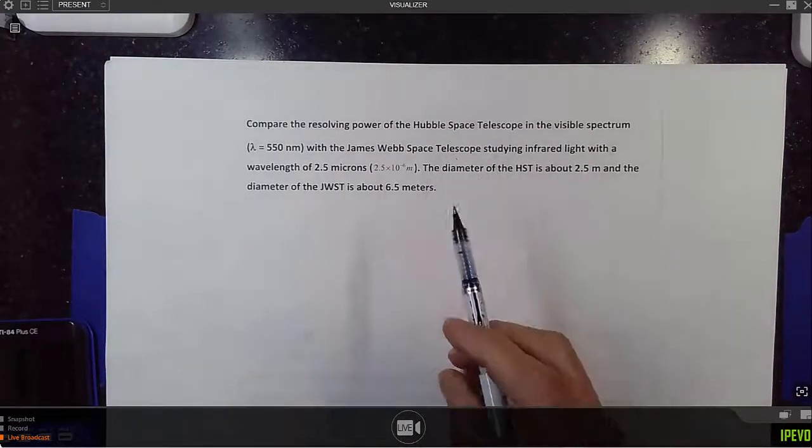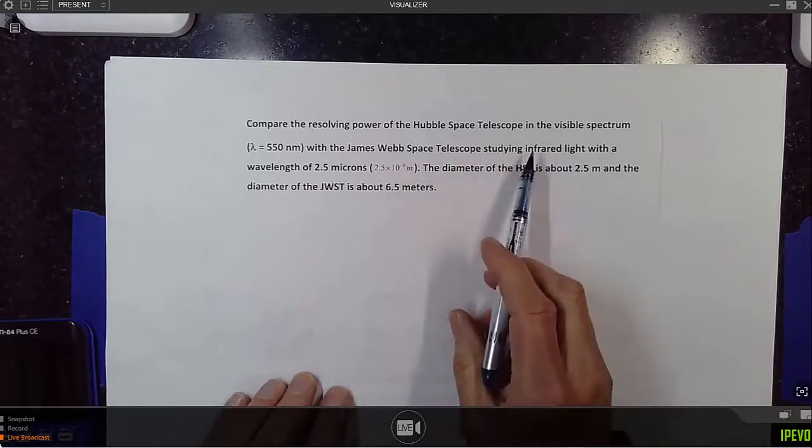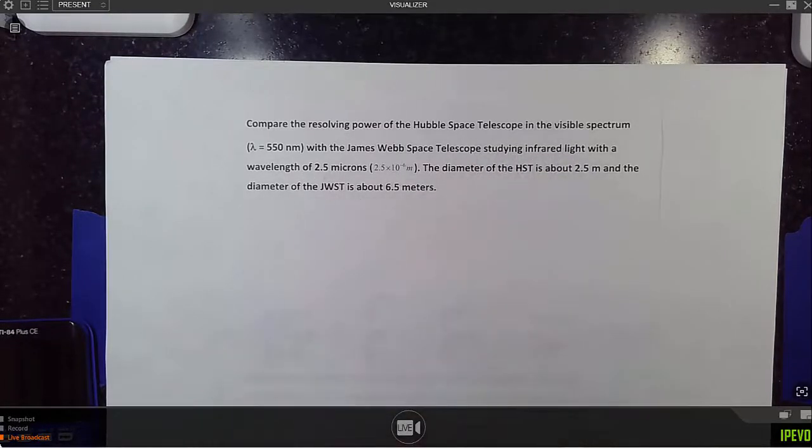We want to compare the resolving power of the Hubble Space Telescope, which works in the visible spectrum, with the James Webb Space Telescope, which uses infrared light. So this time I'll have to distinguish between those two different wavelengths.